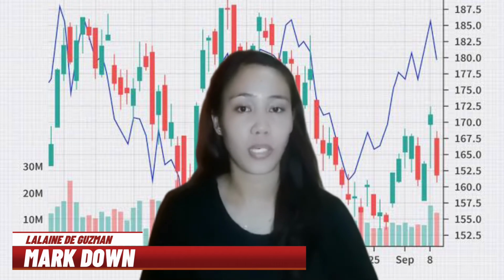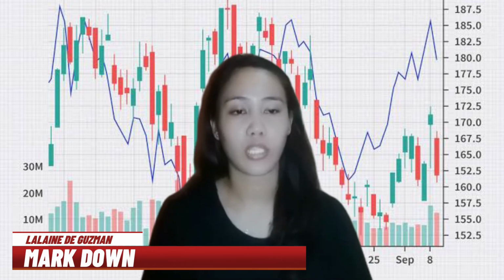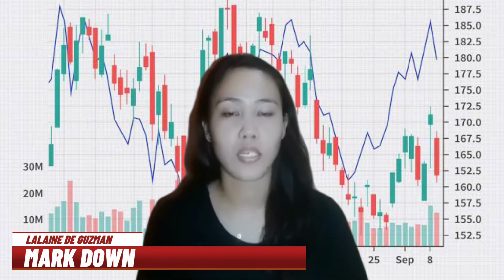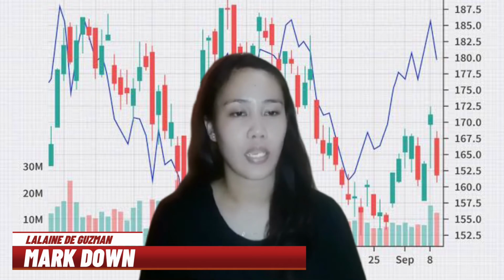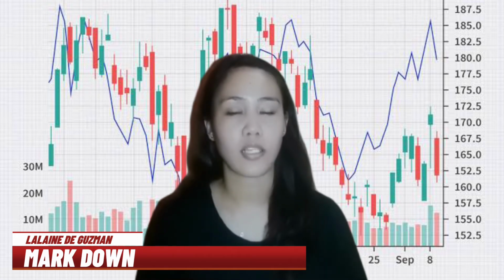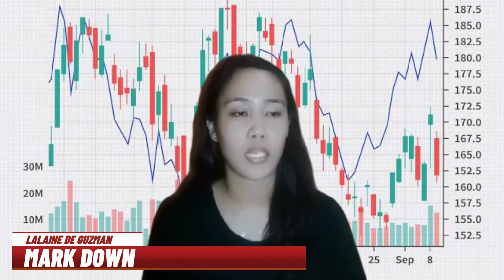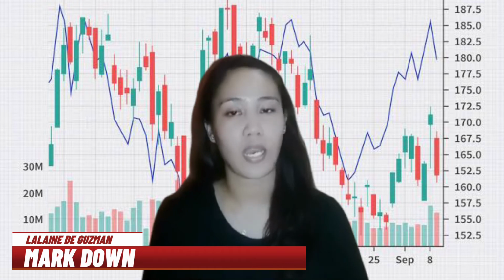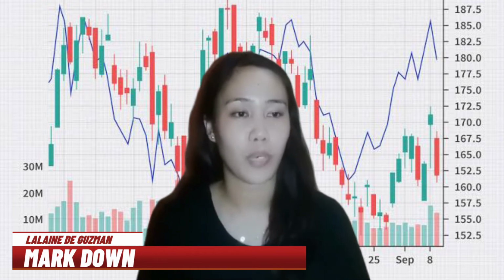So how does a markdown work? When it comes to the security market, there are two types of prices, the bid price and the ask price. Bid prices refer to the prices that buyers are offering on securities, while ask prices are prices that the person selling the securities is offering. To get a bid-ask price, you need to find the difference between the highest and the lowest bidding prices.